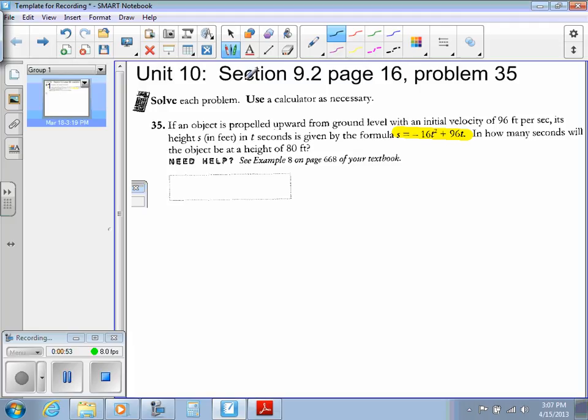So now down here we have s equals negative 16t squared plus 96t.